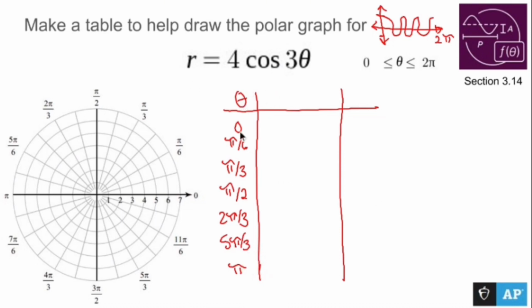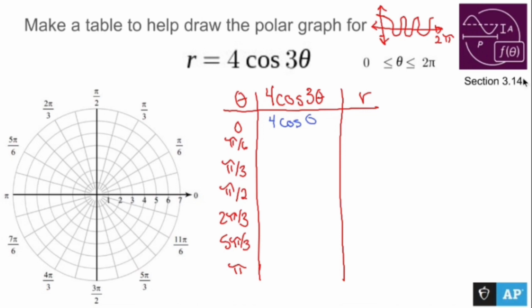All right, I'm going to plug that theta into 4 cos 3 theta, and that'll give me an r value. So if I do 4 cos 3 times 0, that's going to be 4 cos 0.